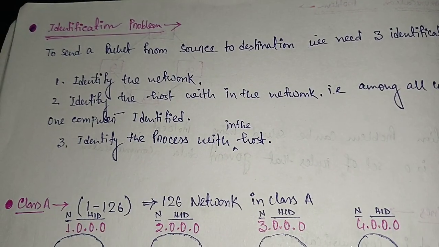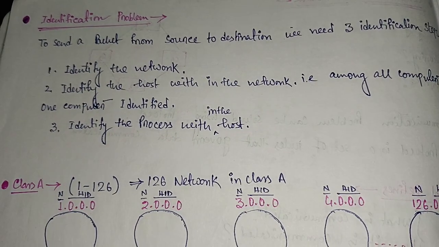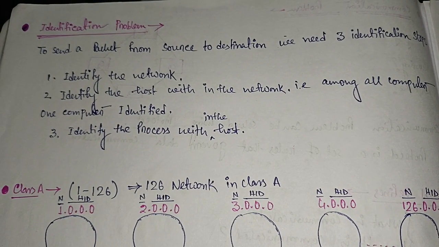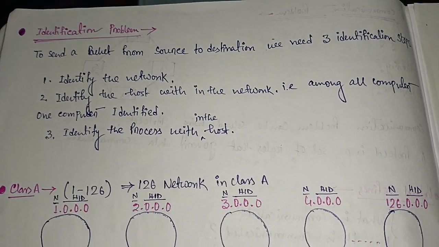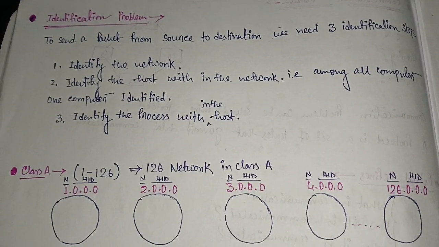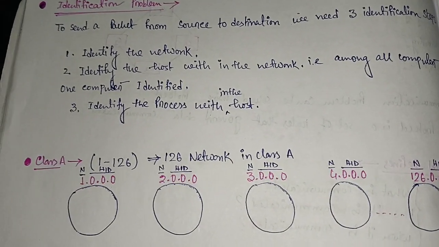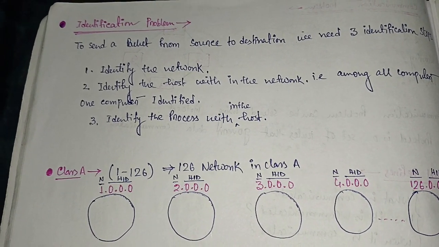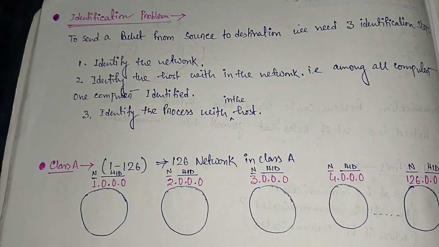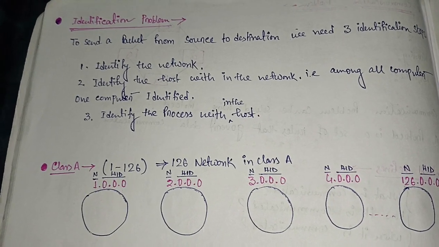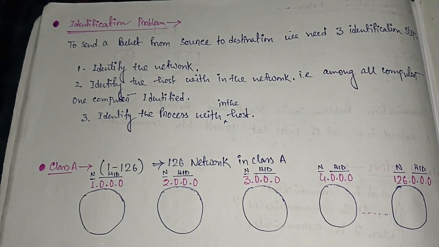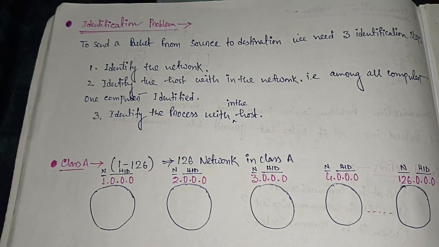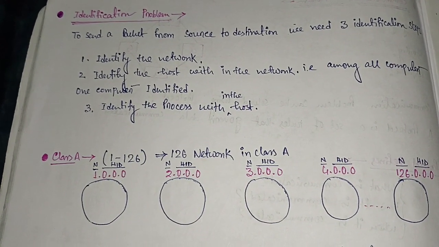So the identification problem is a very crucial thing to identify the process, because if we don't identify which process belongs to this, we can definitely get some problems. To send a packet from the source to the destination, we have three identification steps. First, we have to identify the network, which is the destination network.